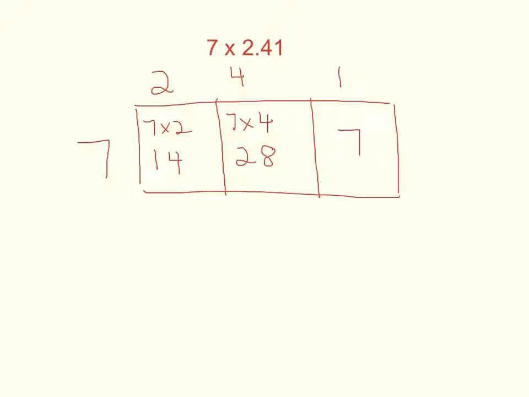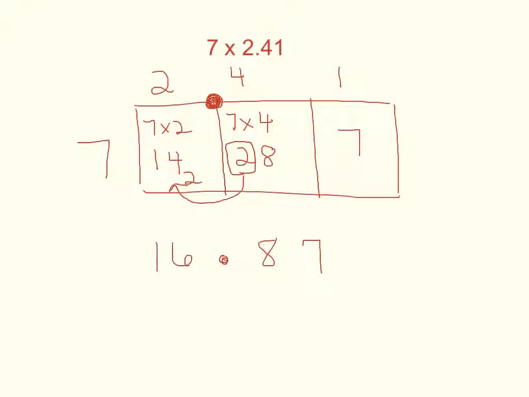And 7 times 1 is 7. I make sure I know where my decimal is. And if I have 20/10ths, those are 2/10ths that have to move over. And my new answer is 16 and 87/100ths.